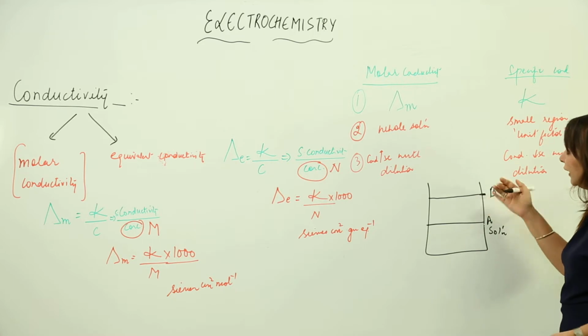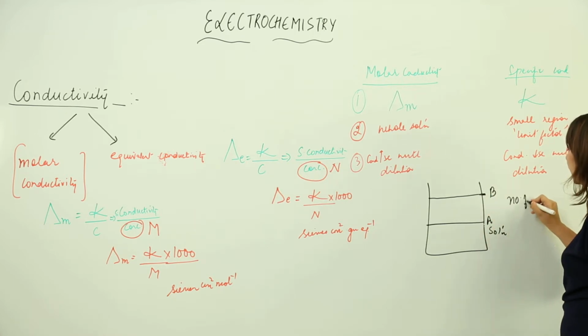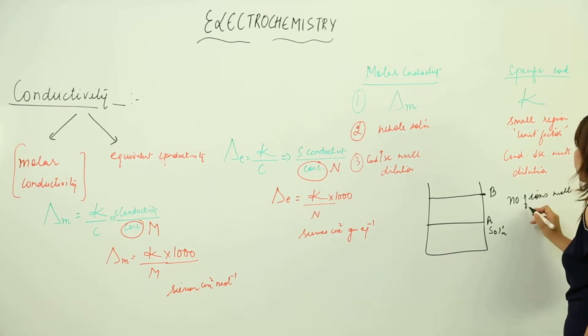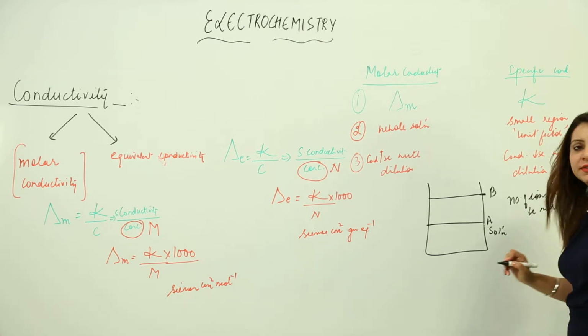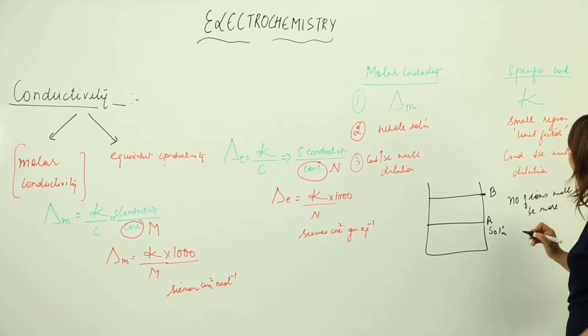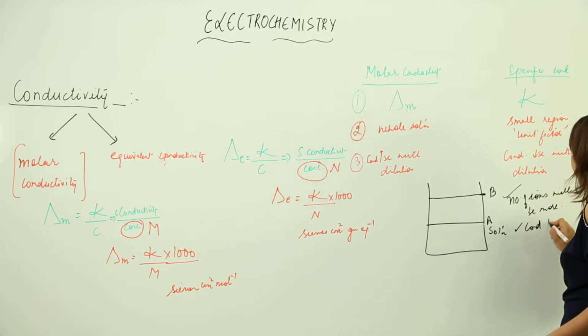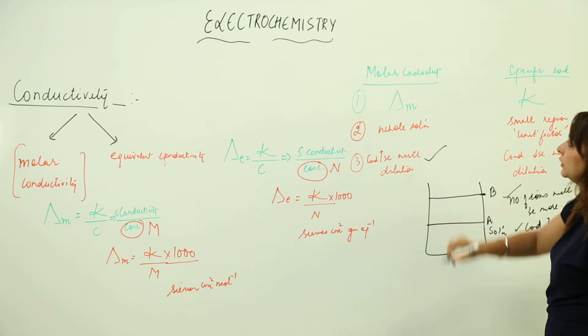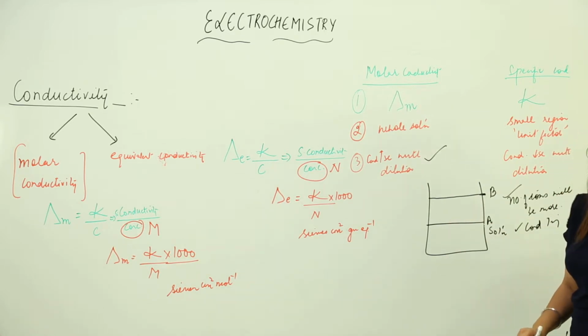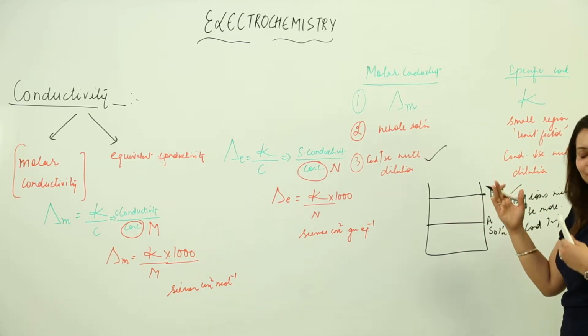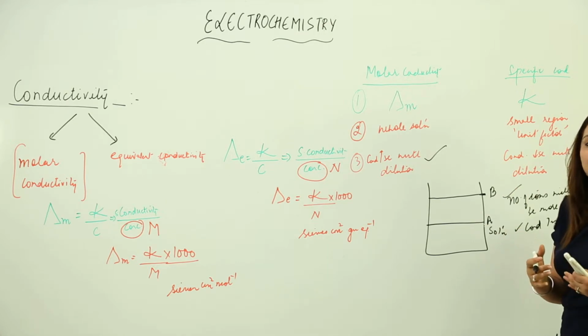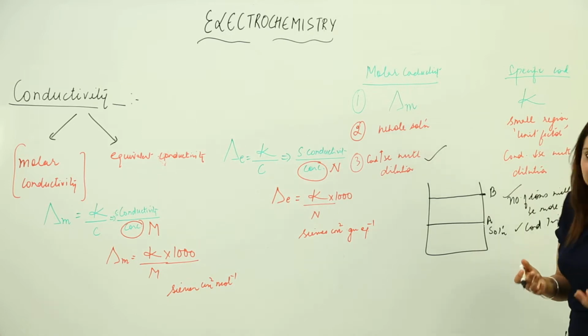As we have diluted the solution, the number of ions will be more now, and we know that molar conductivity depends upon the number of ions. So as the number of ions increases, the conductivity increases. That is why I wrote that molar conductivity increases with dilution, because on diluting, the number of ions increases, and due to the increase in ions the conductivity increases.